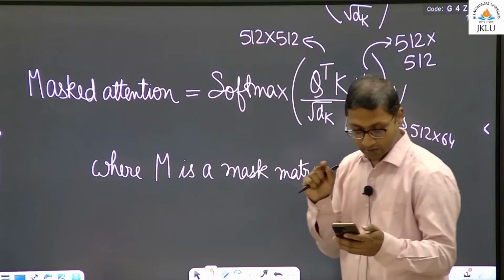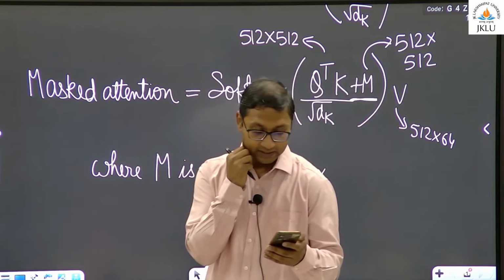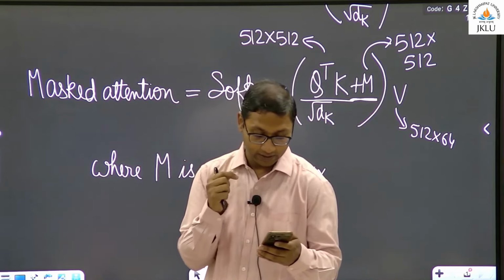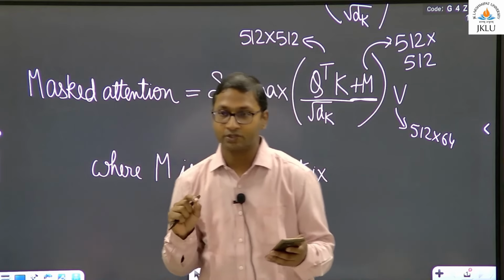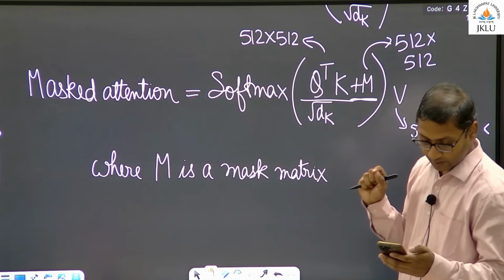So you may write this down. CS 480/680 lecture 19, attention and transformer networks at Waterloo University, University of Waterloo. The instructor is Pascal Poppert.